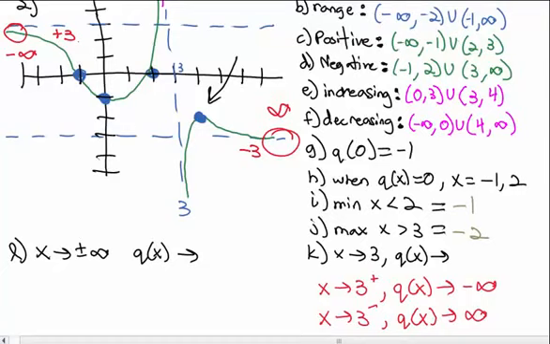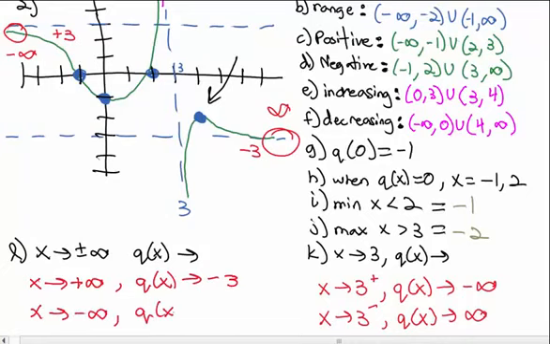So we're going to need to express the two different answers. As x goes to positive infinity, Q of x is going to go to negative 3. But as x goes to negative infinity, Q of x is going to go to positive 3. We're describing the end behavior, the edges of the graph.